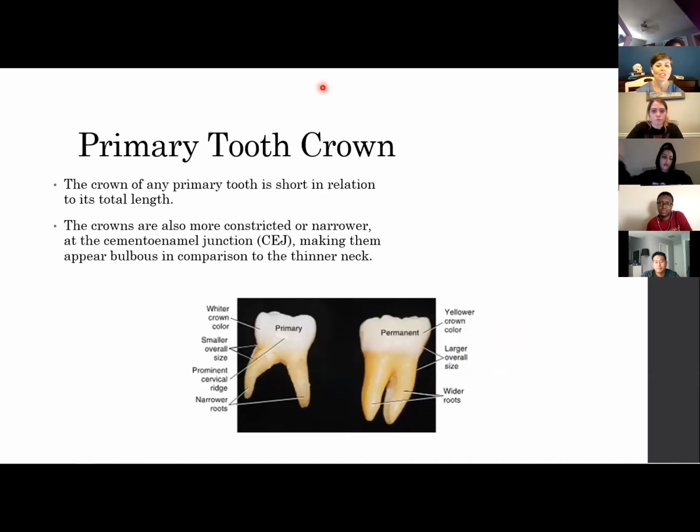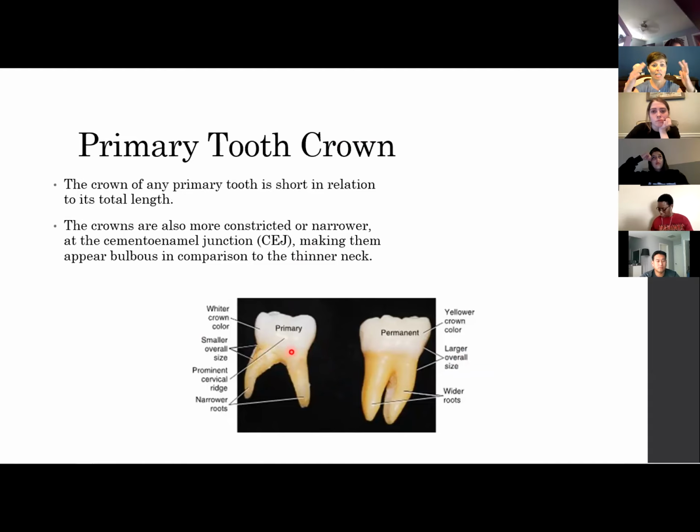All right, so the primary crown. The crown of a primary tooth is shorter in relation to its total length. Again, look at the size difference. The crowns are also more constricted or narrower at the CEJ, making them appear bulbous in comparison to the thinner neck.